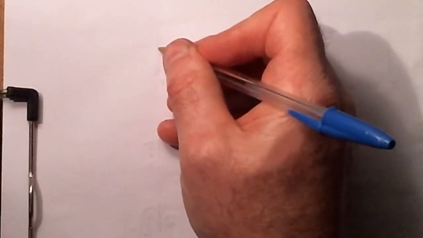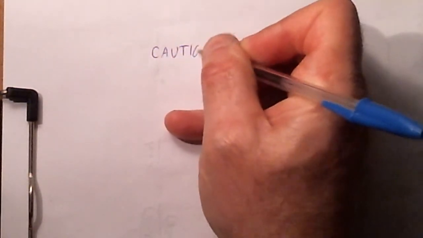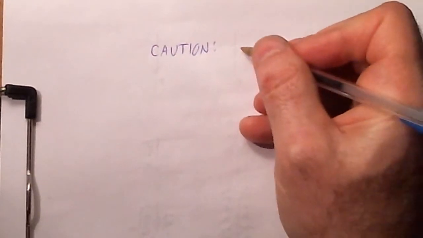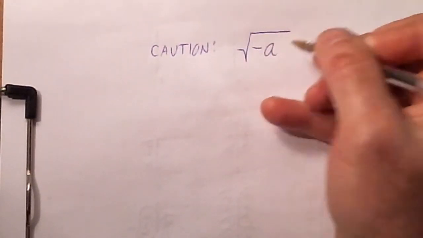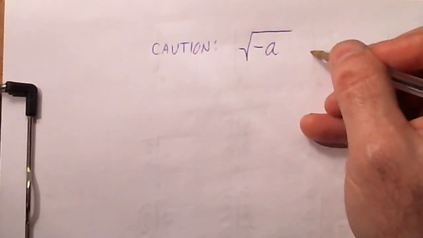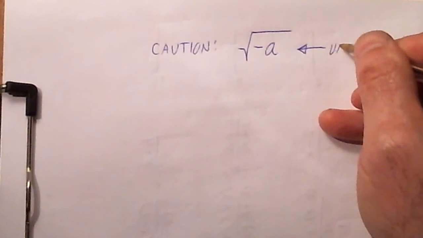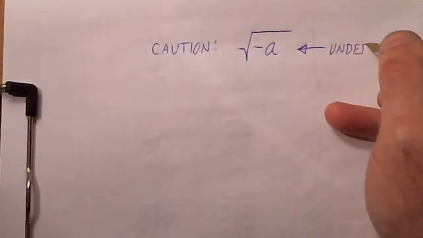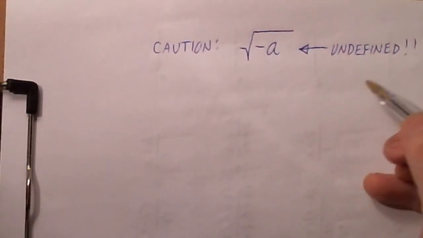Now, ladies and gentlemen, this is a very important cautionary note involving square roots. If you try to take the square root of a negative number, for our purposes being elementary algebra, it is classified as being undefined. It's not a defined real number.